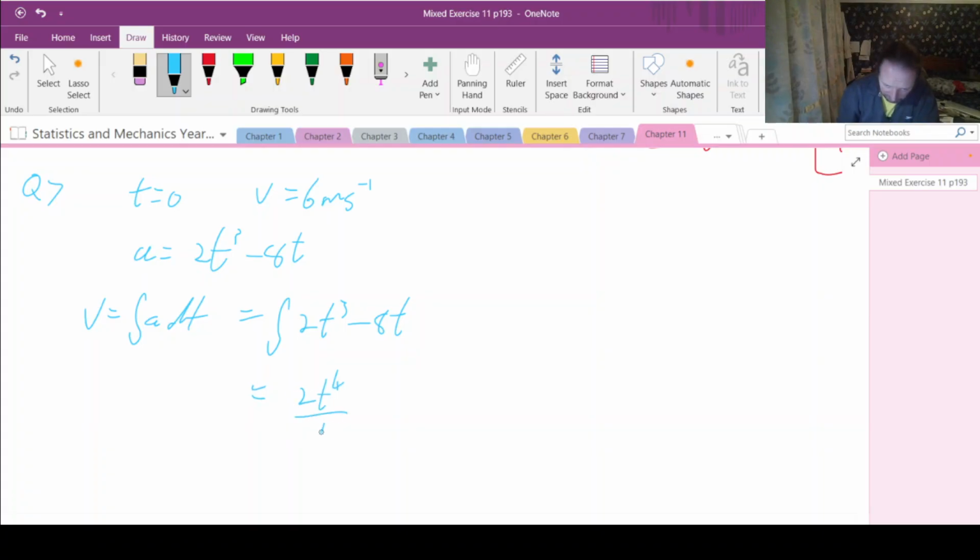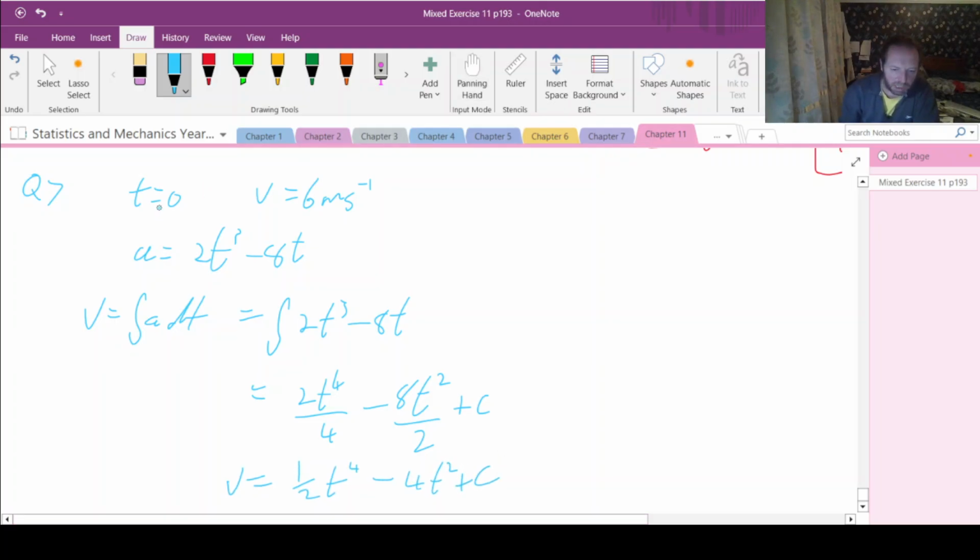So 2 over 4 minus 8t squared over 2 plus c, which gives us the velocity equal to a half t to the power 4 minus 4t squared plus c.